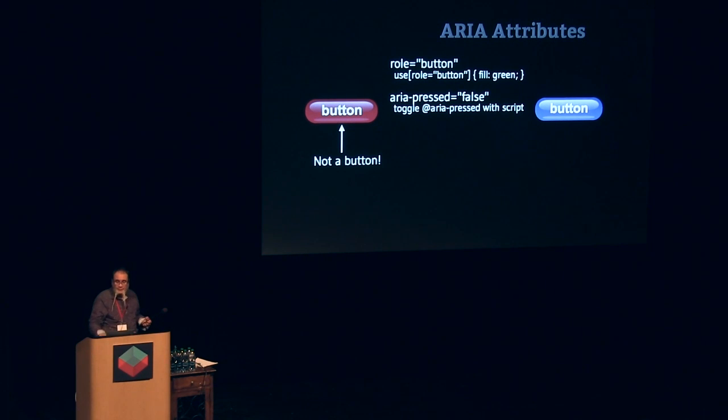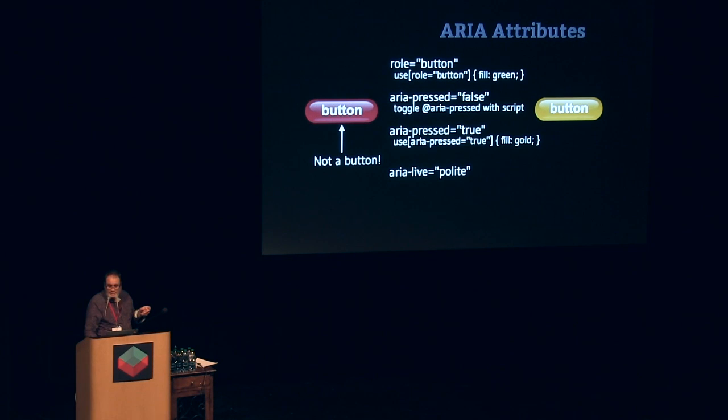It acts just like a button. It's ARIA pressed equals false as the default. Once you click on it, you change that attribute ARIA pressed to true, and with some CSS styling, you can even style based on attribute selectors. And suddenly, the accessibility API knows that that thing has been pressed, and you've got a real button.